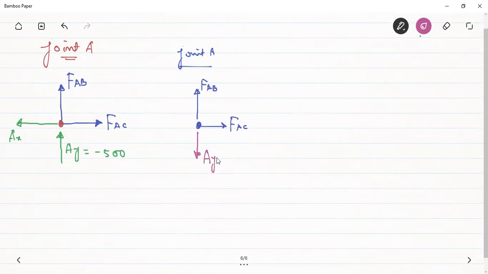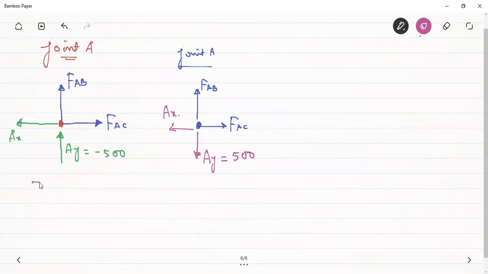Then when I am writing it in the correct direction, there is no need to carry this negative sign, and AX was in this direction. So these are the two ways to represent. We can show either the correct direction, then the value has to be positive, or I can keep the incorrect direction, but I have to keep the negative value with it.